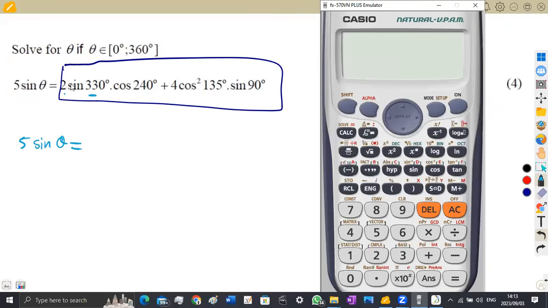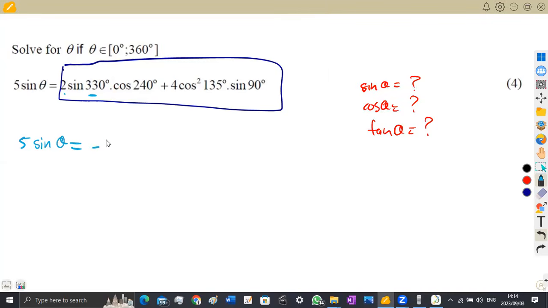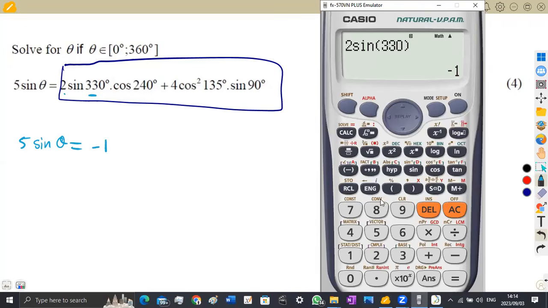All right, so that's 2 sine 330. We are not even told not to use a calculator, so you can use a calculator there, which is -1. All right, so this is okay, there's -1. Did I use the 2 here? All right, 2 sine theta, that's -1. Okay, then cos 240, it's -half, which is -0.5.